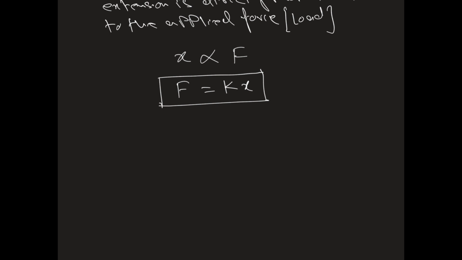K is a constant number and its value depends on the type of the spring. For example, if a spring is hard to stretch, the value of K will be greater for that spring, or vice versa. A soft spring has less value of K. So K is also referred to as the spring constant.